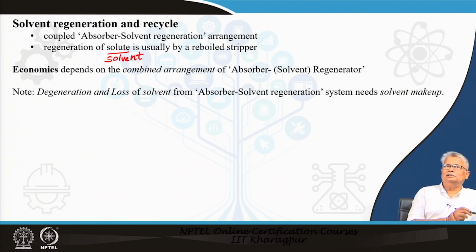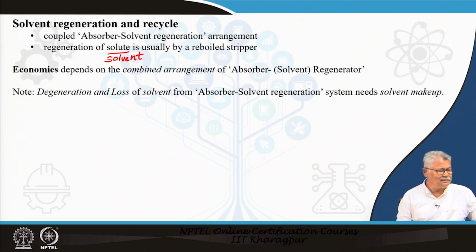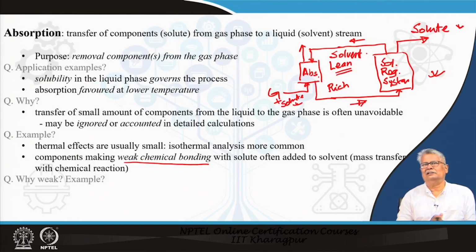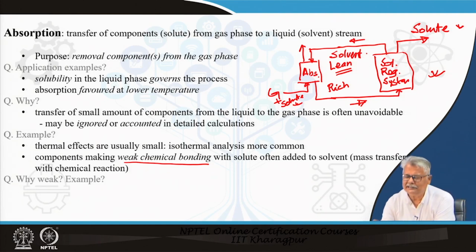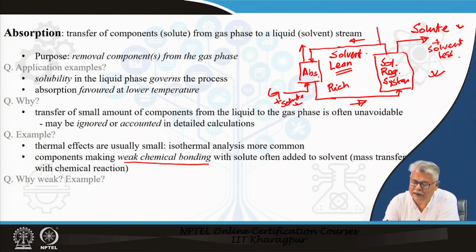Now, there is one thing which is also quite important. If I look at this particular previous diagram, we find that we are generating a gaseous stream here, which contains the solute primarily, plus what? Some amount of solvent will be lost in this particular stream also. So, what you have to have in such a system is, you definitely need to have a make-up stream.